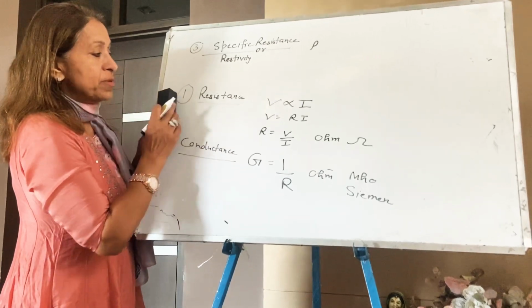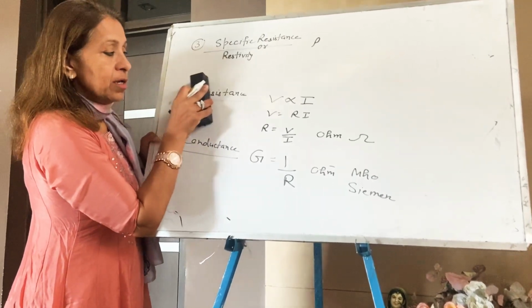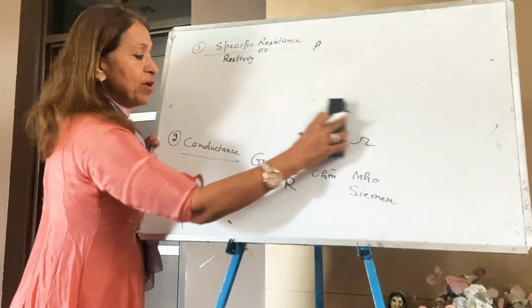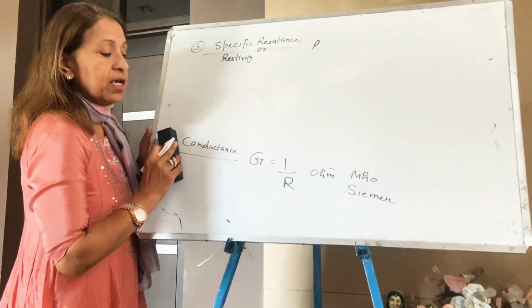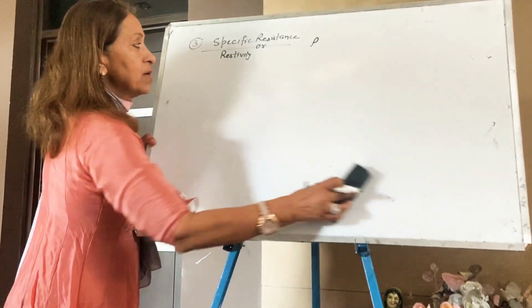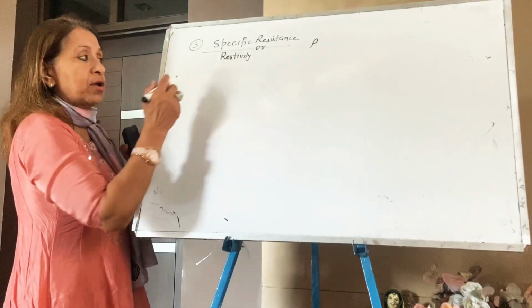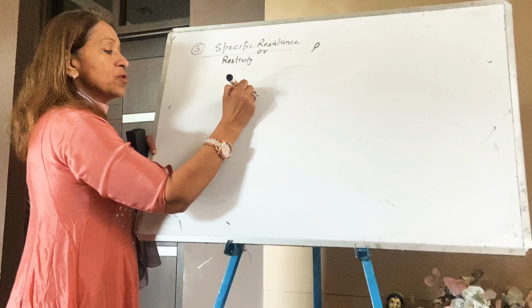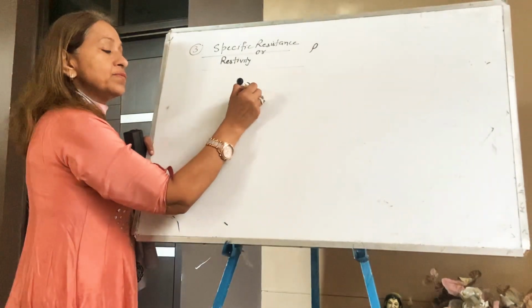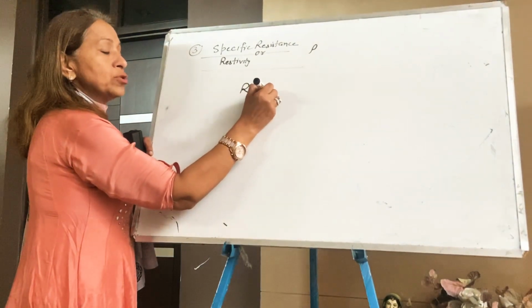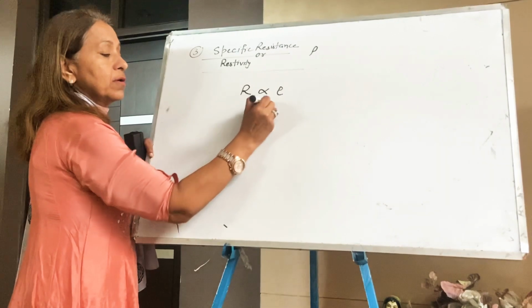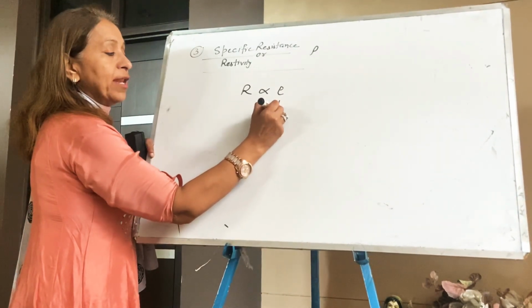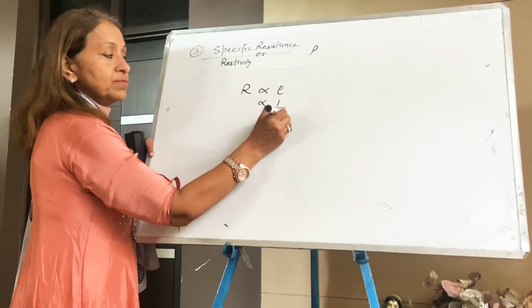So now let me recap: resistance, V proportional to I, V is equal to RI, R is equal to V by I, and conductance is G, the reciprocal of resistance. Now what is specific resistance or resistivity? The resistance of the conductor is directly proportional to length and inversely proportional to the area of the electrodes.